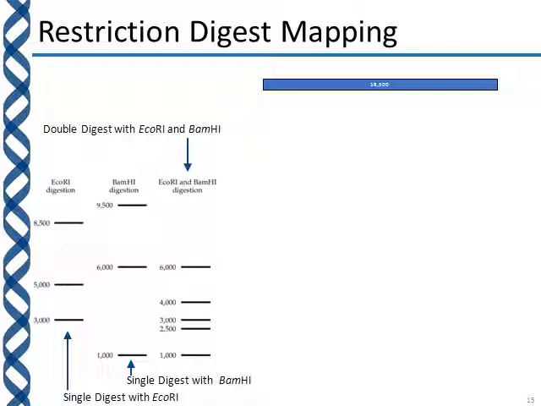So what if we now do a double digestion with the EcoRI and the BamHI? We now end up with five fragments at 6,000, 4,000, 3,000, 2,500, and 1,000. So knowing that we have two recognition sites for each one of these restriction endonucleases, how can we figure out where these actual sites are?